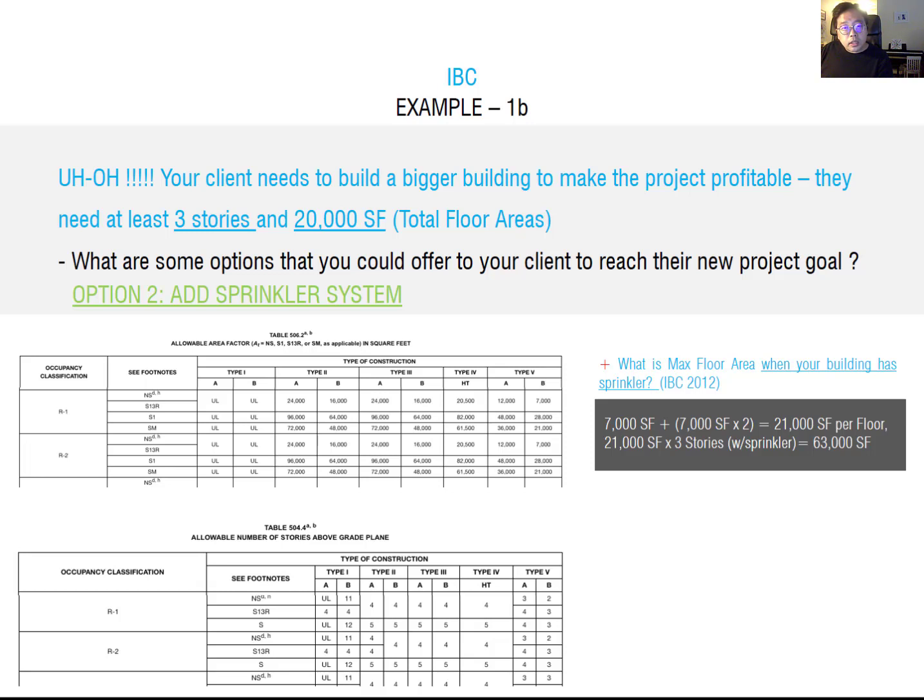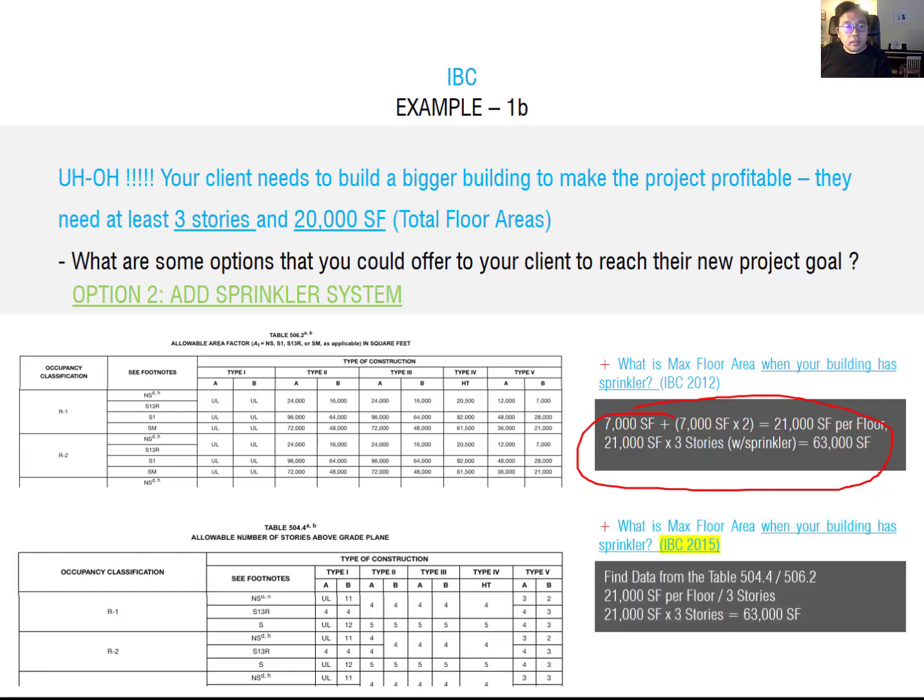But this calculation you only need before using the IBC 2015. So with 2012 you have to calculate this number. However, from the IBC 2015 you don't need this calculation. You can simply find this number from 504.4 and 506.2.